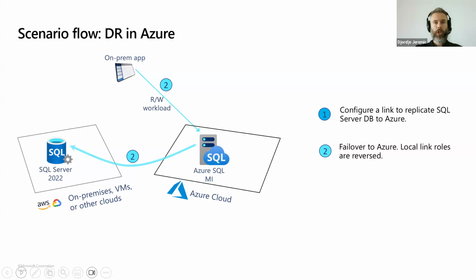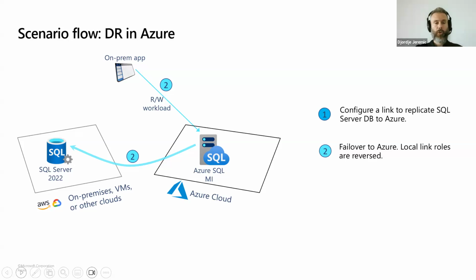Then you initiate a link failover, and your on-prem application or some other application that generates read-write workload can be repointed to Azure SQL MI, and your data replication flow is now reversed. And this is a drill situation, so SQL Server 2022 is not really down. So this data replication from SQL MI to SQL Server actually works.